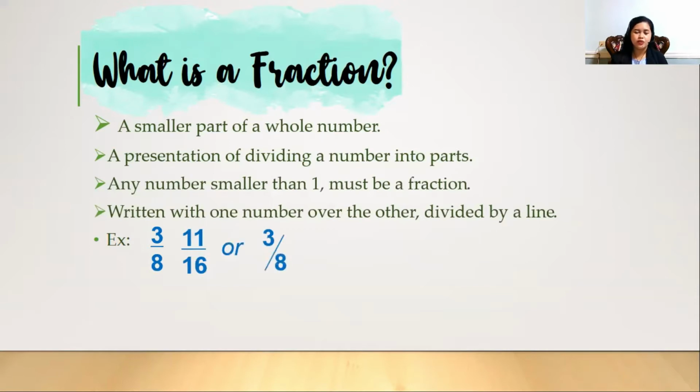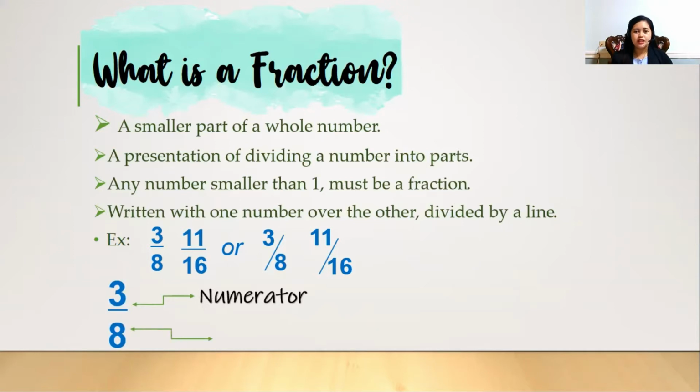In these first two examples we use the fraction bar, and the other way of writing a fraction is using the slash. As for the parts of a fraction, the number above the fraction bar is what we call the numerator, and the number below the fraction bar is what we call the denominator.